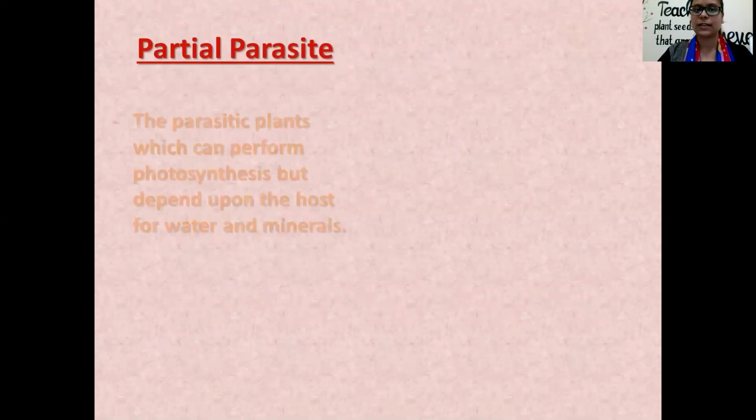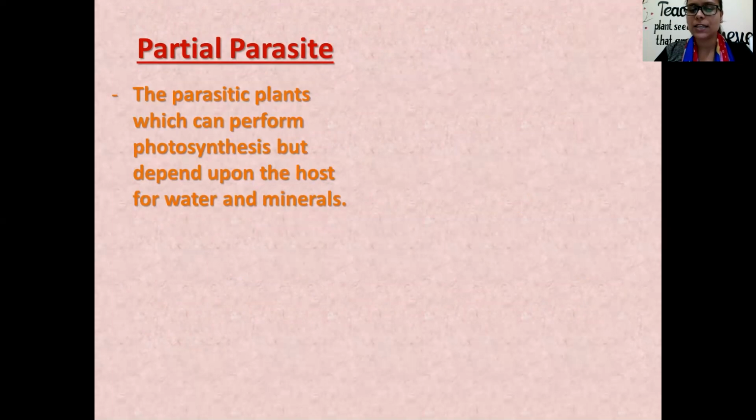Partial parasites. The parasitic plants which can perform photosynthesis but depend upon the host for water and minerals. They are the plants which have chlorophyll present in them, which can perform the photosynthesis process, but they depend on the host body for water and mineral needs.